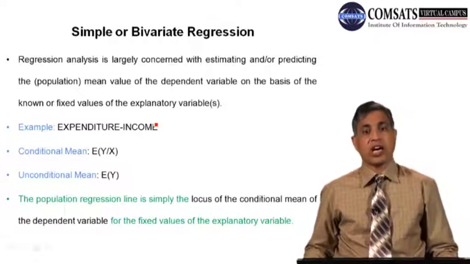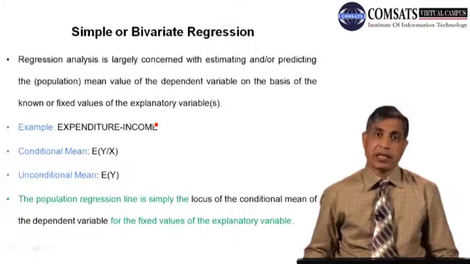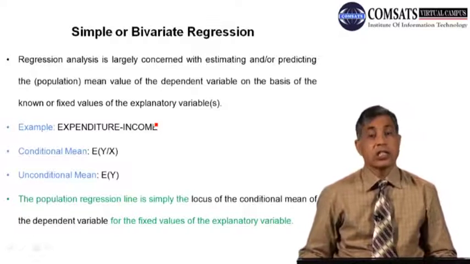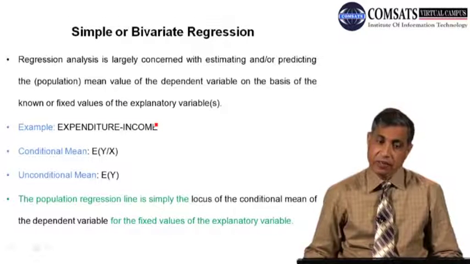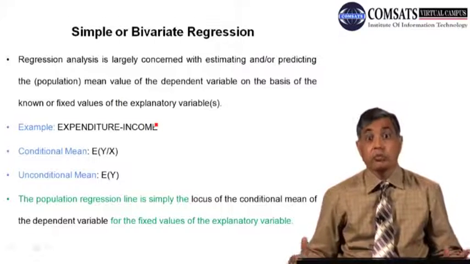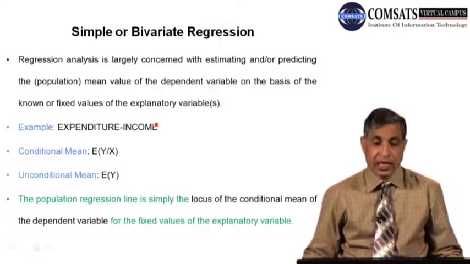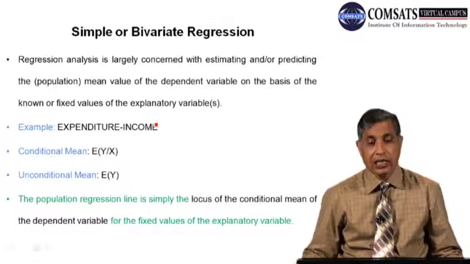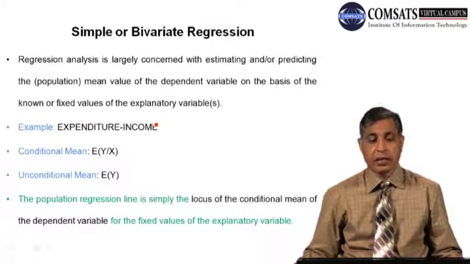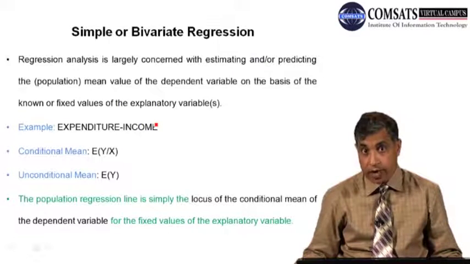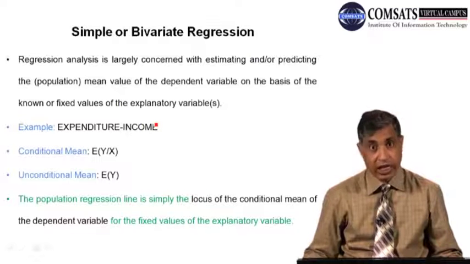Now I would like to start from the very simple regression model, that is the simple or bivariate regression model. What is the simple or bivariate? Bivariate means two. Regression analysis is largely concerned with estimating and or predicting the population mean. Keep in mind, we are talking about regression, and that is the population regression.